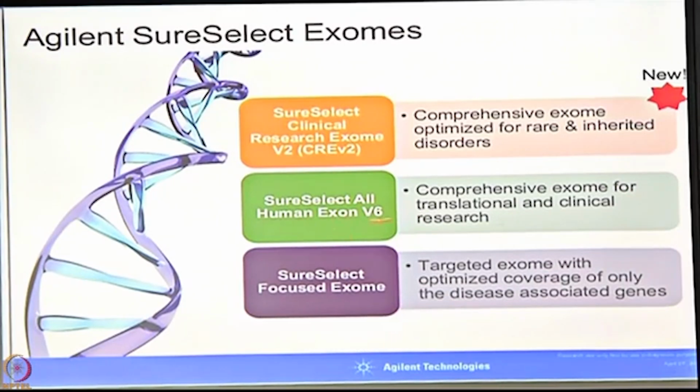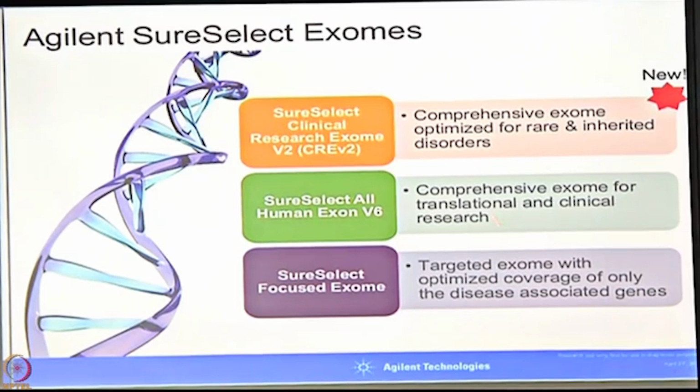We have the latest exome panel, V7. This one mentions V6, but we now have V7, which covers all the translational and clinical research panel. It covers the whole exome. We also have a very small panel, the focus exome, which covers the disease-associated regions.